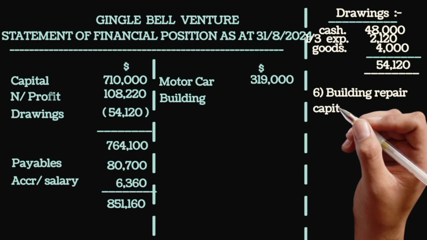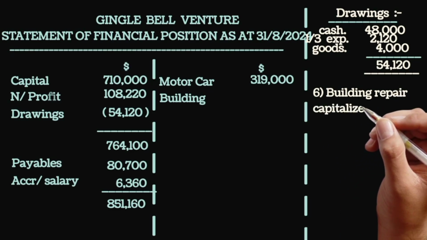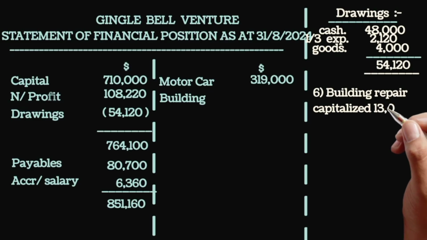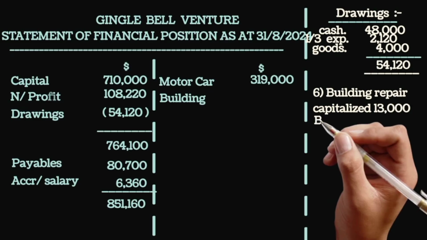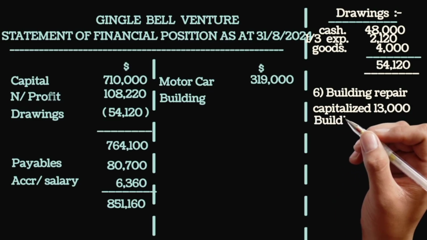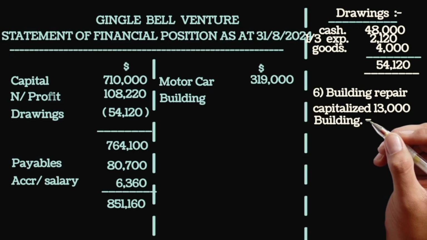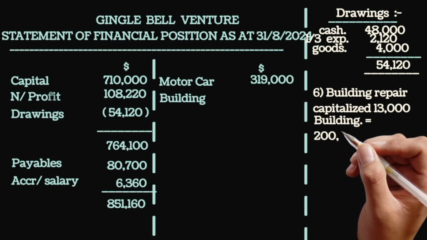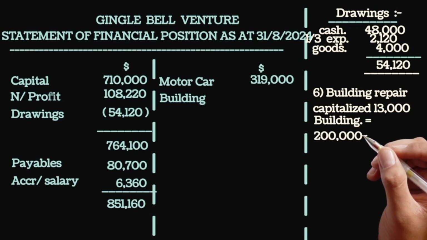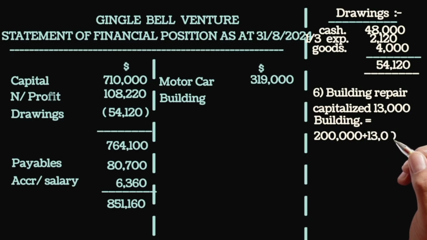31,900. Then building, do not forget that the value of building in the trial balance is $200. But the repair is a capital expense on building, so we have to capitalize that expense, which is what? 13,000. Capitalizing it means adding it to the value of the building. It's a capital expenditure.